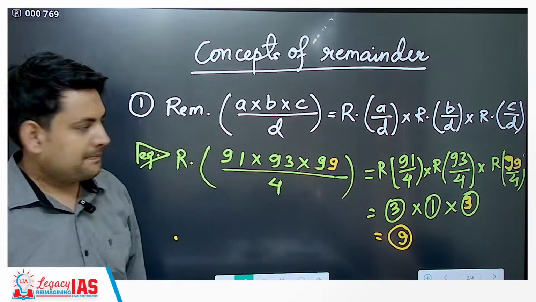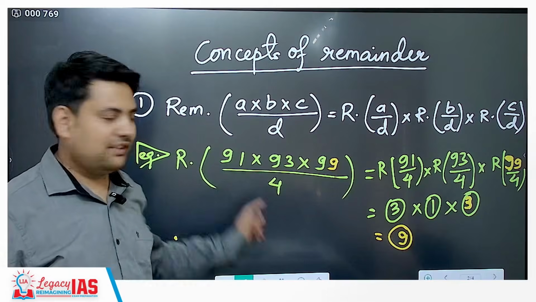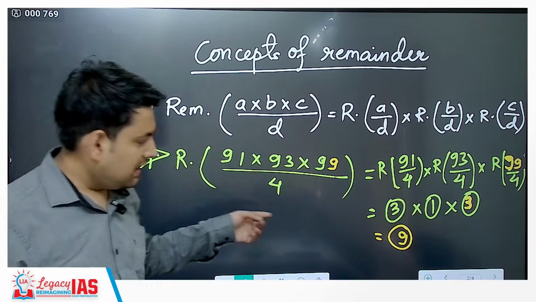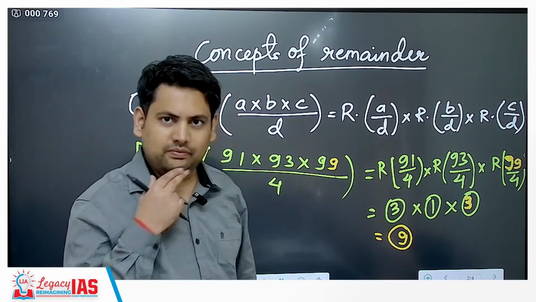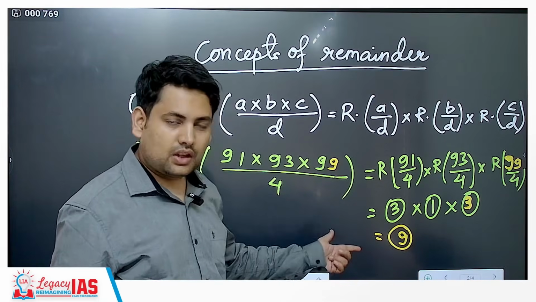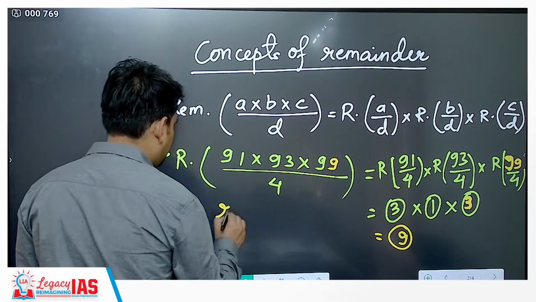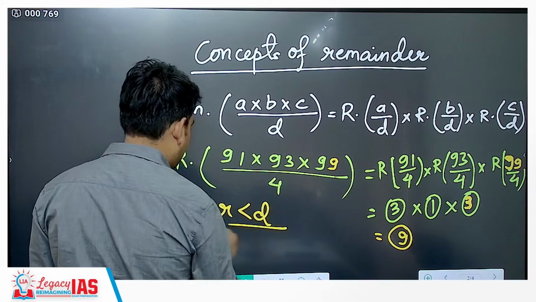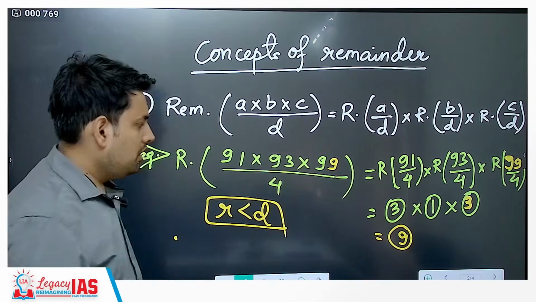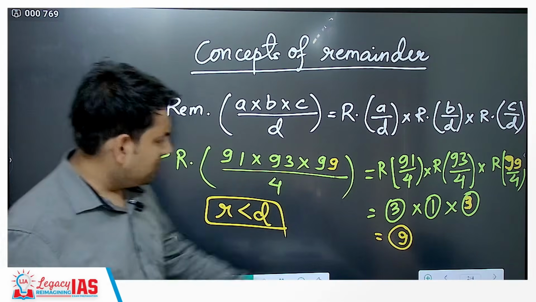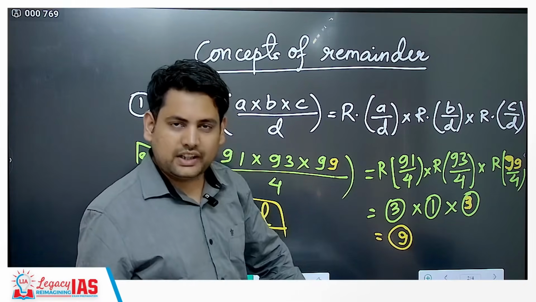But when any number gets divided by 4, can it give a remainder of 9? No, because the remainder is always less than the divisor. Otherwise, if it is 9, then you can further divide it, right?